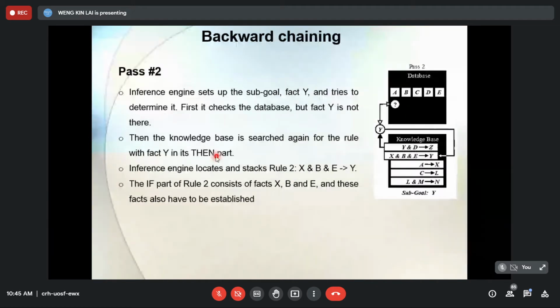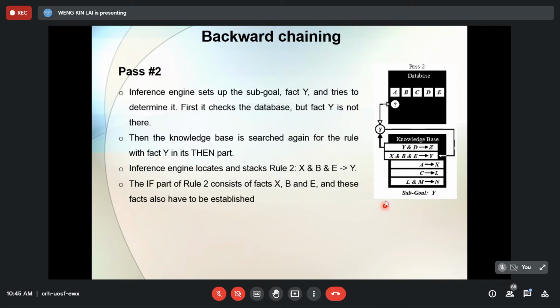So do you see why, in the sub goal, that rule number two consists of the facts or inputs X, B, and E? So of course, again, in the same process as before, you have to prove or justify that X is true, B is true, and E is true.